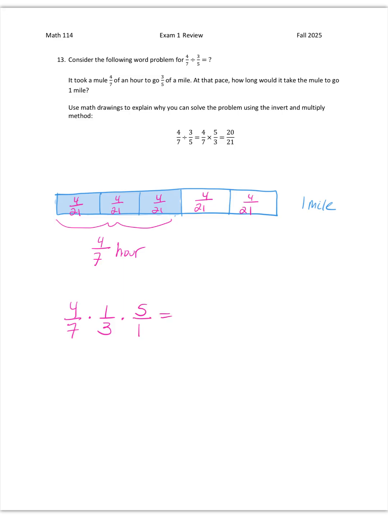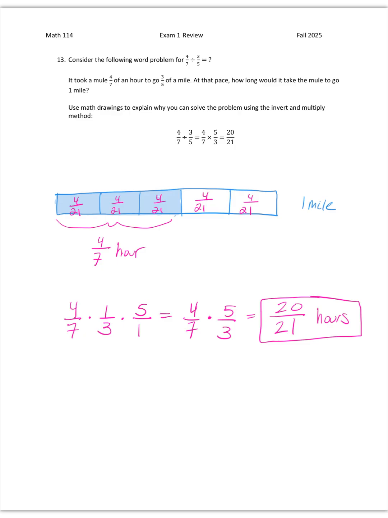And this could be rewritten as 4/7 times 5/3. Okay, which shows the invert and multiply technique. And that comes out to 20/21 hours. So almost a whole hour.